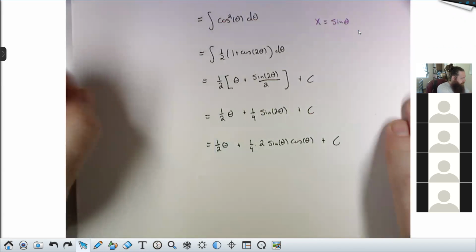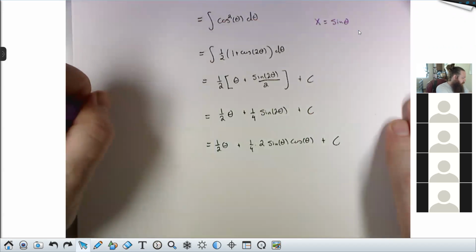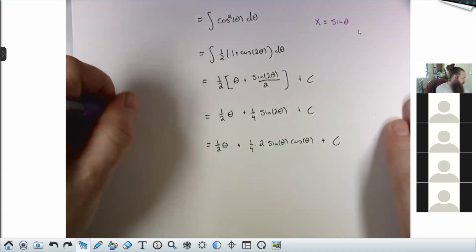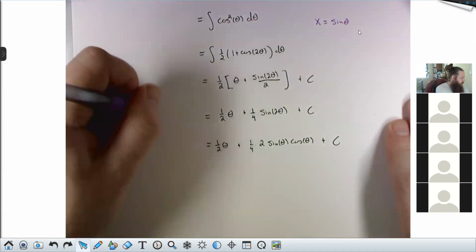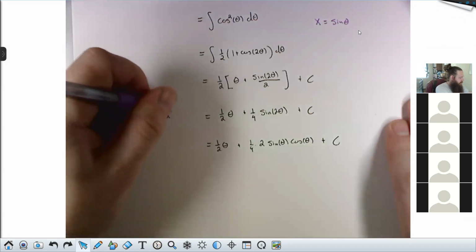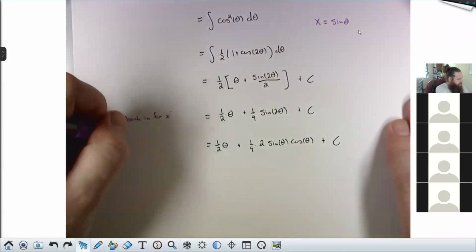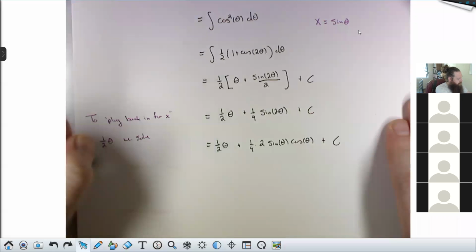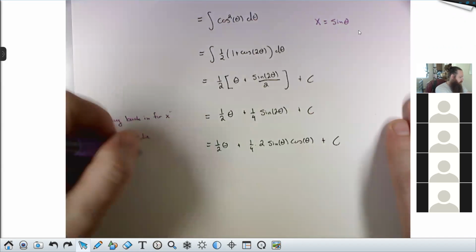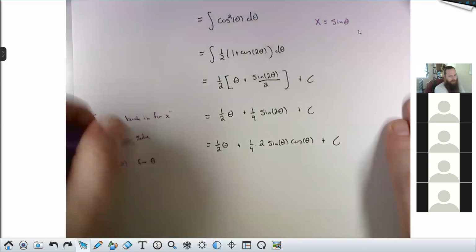So to plug back in for x in 1/2 theta, we solve x equals sine theta for theta, right?